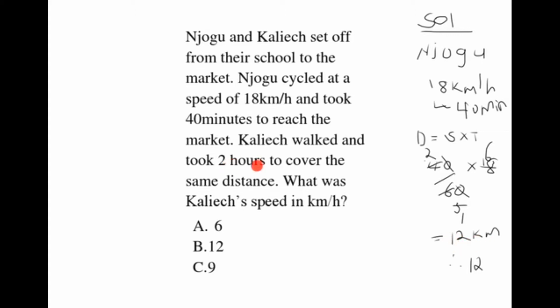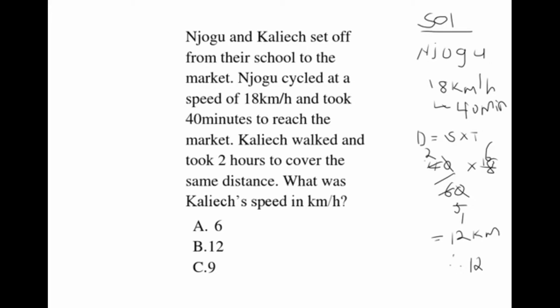The time taken is 2 hours. Therefore 12 divided by 2. We get his speed was 6 kilometers per hour. So our correct choice is A, 6 kilometers.